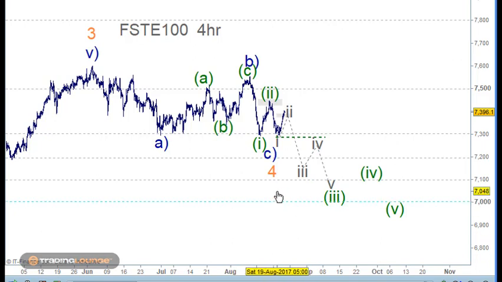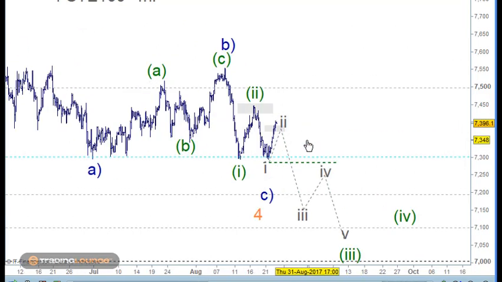Okay, so we can just save that there now. And this count that I've got here is wave 1, wave 2, wave 1, wave 2 here, wave 3, 4, because it's at the 61.8.